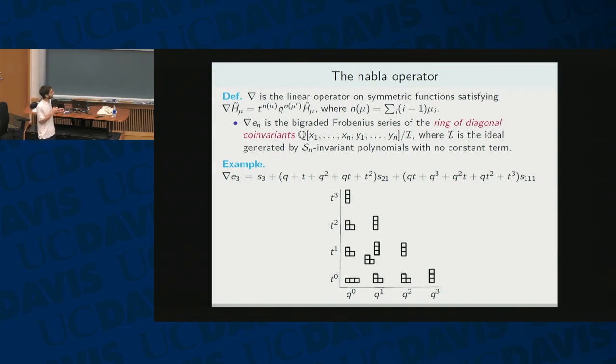Maybe just notice a couple of things here. The q is 0 and t is 0 slices are the same, and these are actually equal to the Hall-Littlewood 1 to the n, 1 to the 3 in this case. Another thing to notice is that if you count these Schur functions indexed by a single column, you get 5 of them, and this is a Catalan number, and that turns out to be true in general.